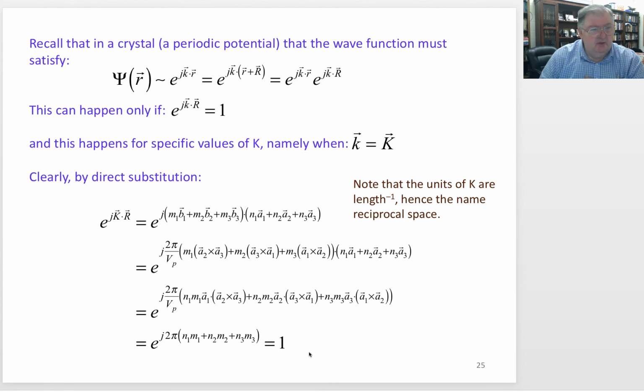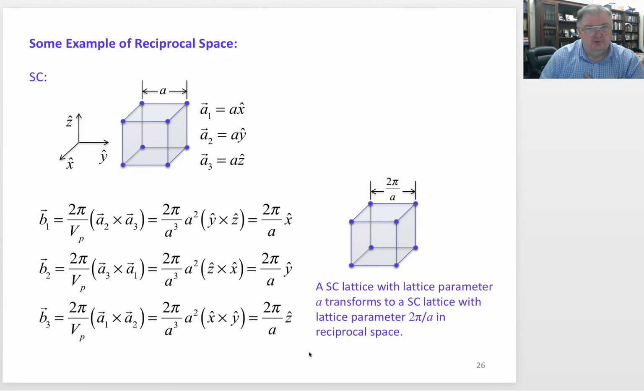All right, let's do a couple of examples since we've defined a reciprocal lattice. Suppose we have our simple cubic structure. Here's our simple cubic. Here's our three lattice vectors. Go and compute the reciprocal lattice vectors b1, b2, b3, as I've showed you.